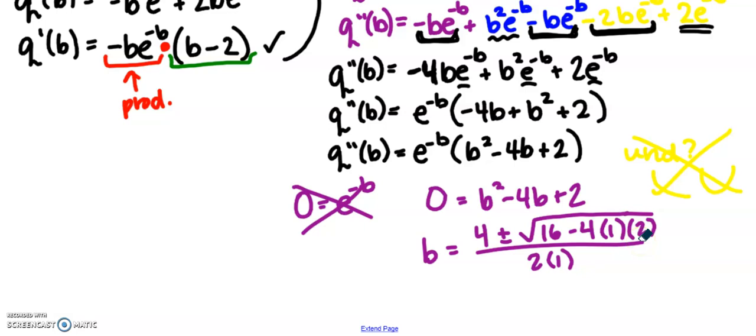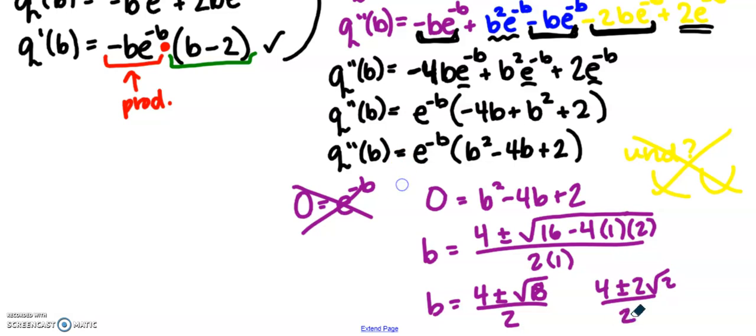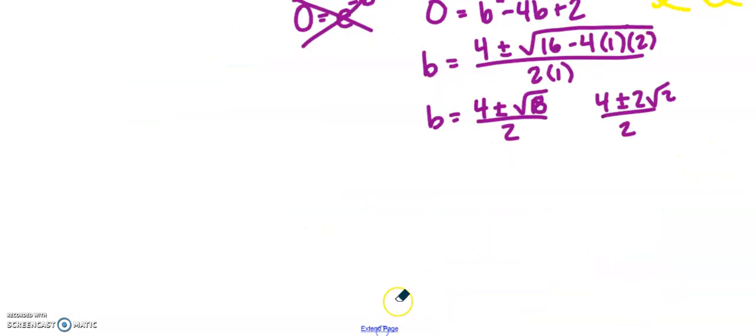Okay, well, oh boy. b equals 4 plus or minus the square root of 16 minus 8, which is 8, over 2. So 4 plus or minus 2 root 2 over 2. b is equal to 2 plus or minus the square root of 2.